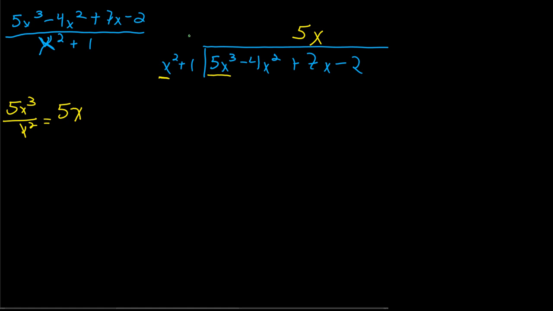And now I need to multiply 5x through my divisor. So 5x times x squared is 5x cubed. 5x times 1 is 5x. Notice the gap, right?